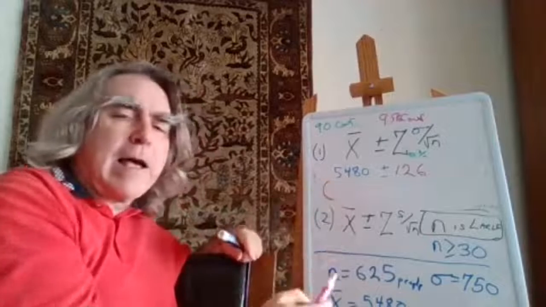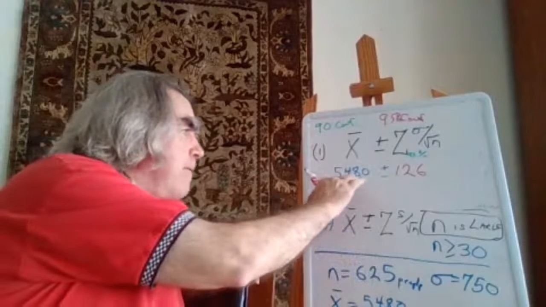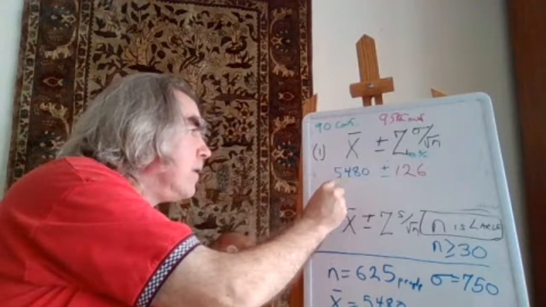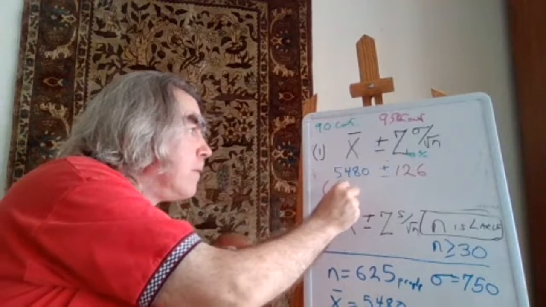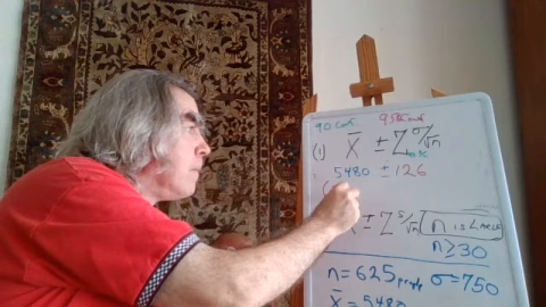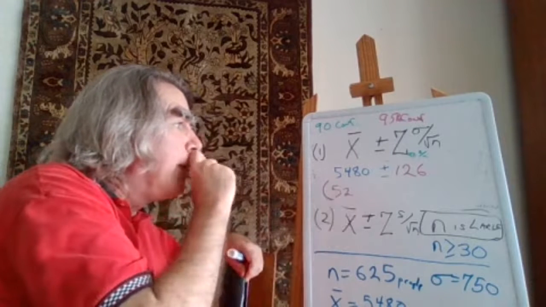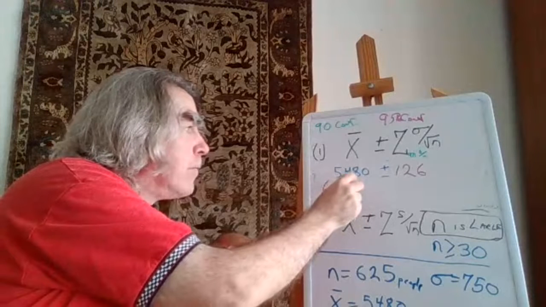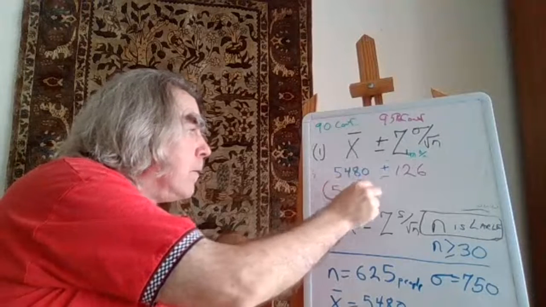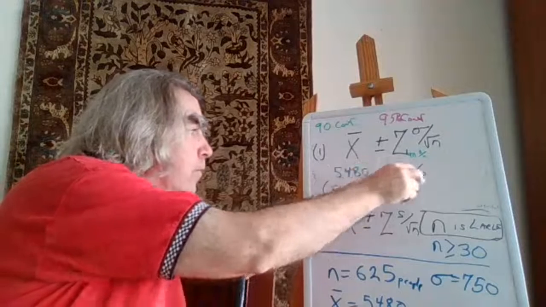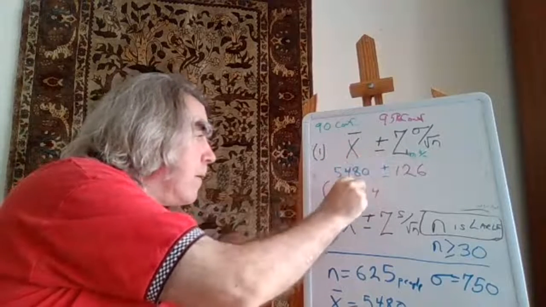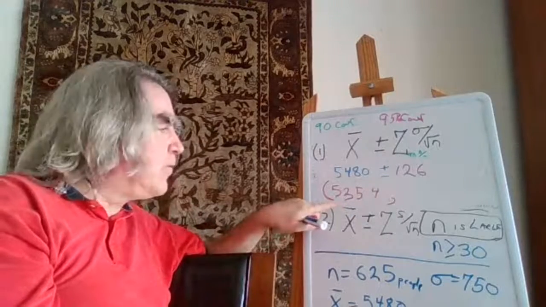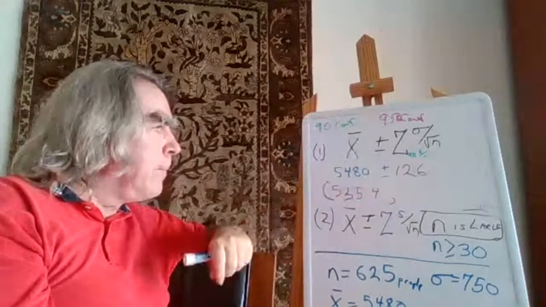So on the negative side, on the smallest side, it's going to be 5480 minus the 126, which is 5,354.